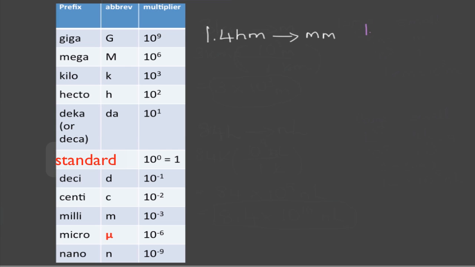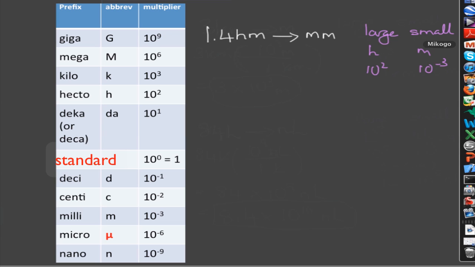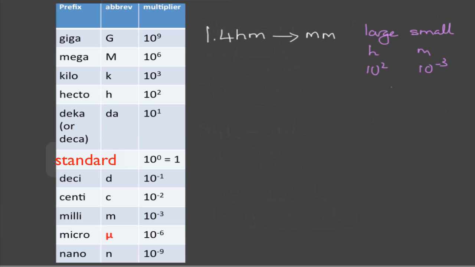The large, in this case, is the hecto, and the small, the milli. Now, hecto goes with 10 to the power of 2 from the table, milli with 10 to the negative 3 from the table. The number of powers of 10 between the two is 5. So therefore, 1 hectometer is 10 to the 5 millimeters.